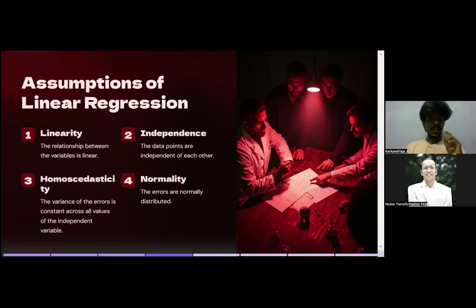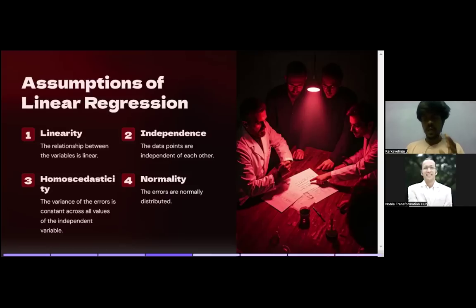Then independence: the data points are independent of each other. That is also a very important thing. The data points in the data set should be independent of each other, then only can you apply this linear regression algorithm. Next, homoscedasticity: the variance of the errors is constant across all the values of the independent variable.